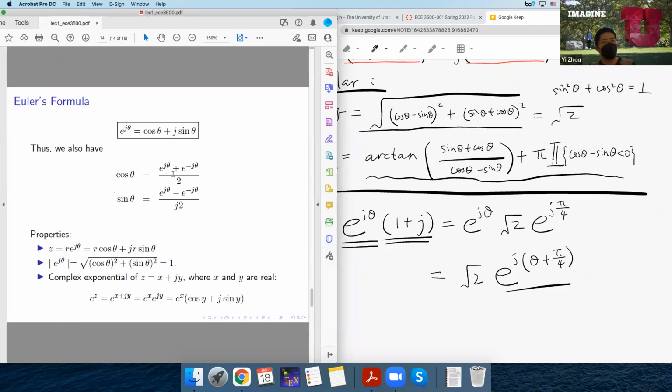So in a homework or in a general problem, whenever you see a pair of complex exponentials and one is the conjugate of the other, always remember that this pair of complex exponentials can be simplified into sine and cosine. And in many cases, that helps a lot in simplifying the problem.